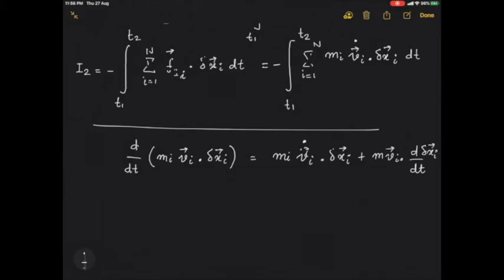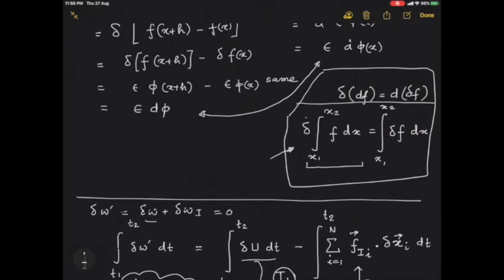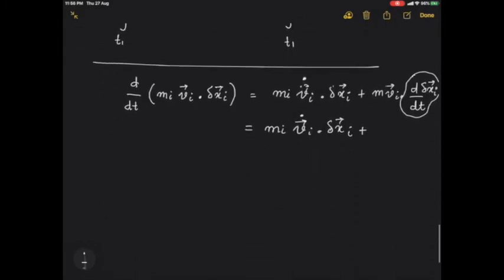So this is d/dt of delta xi. So mi vi dot delta xi. You see here I have d of delta, and that we have proven that d of delta is same as delta of d. So I can just write this d of delta in terms of delta of d, which means that this is mi vi dot delta of dxi/dt, which is nothing but vi.